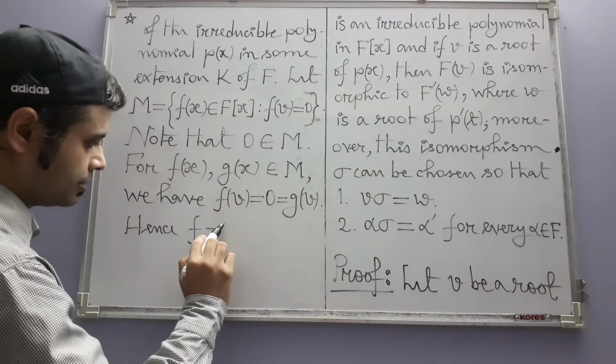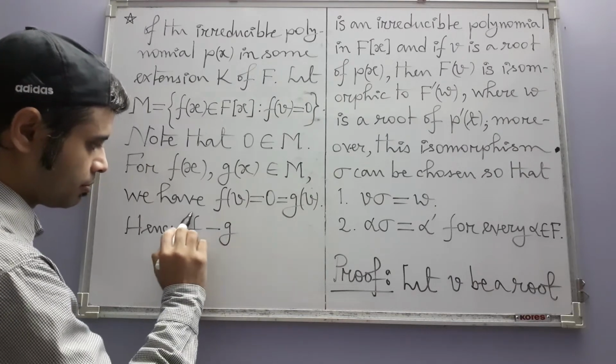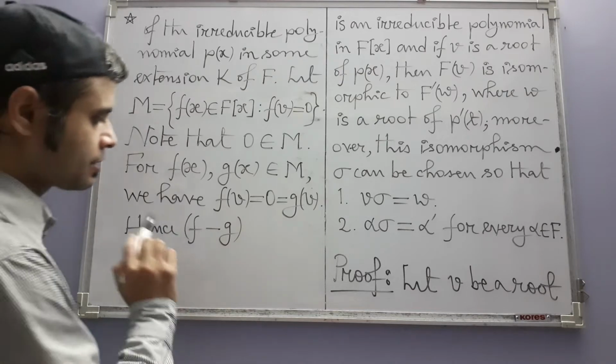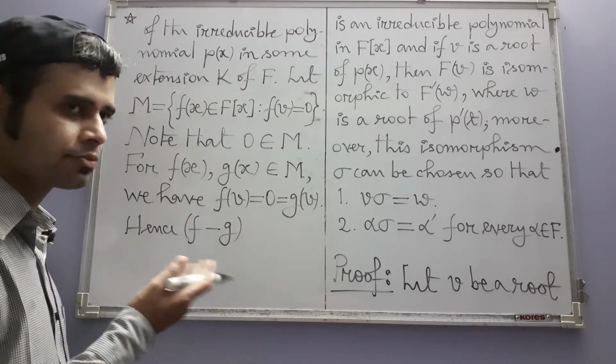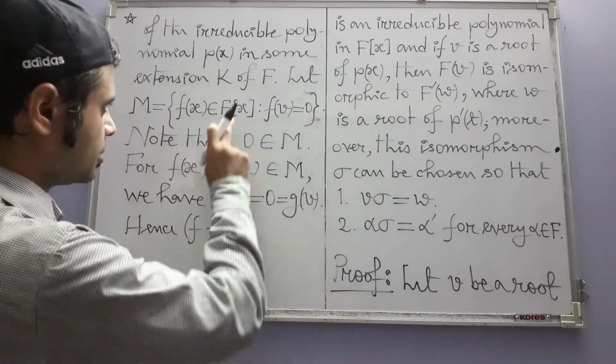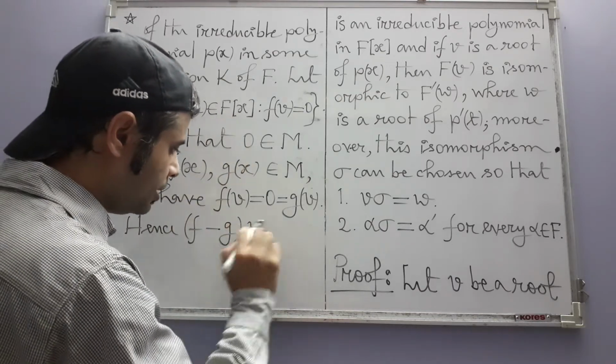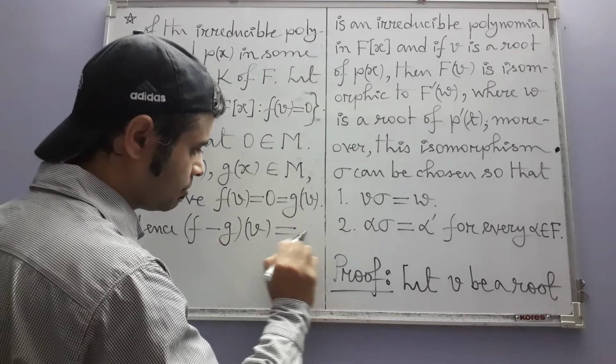Let me write like this, just to show that f minus g, which is of course their difference in the ring F[x], is being evaluated at v.